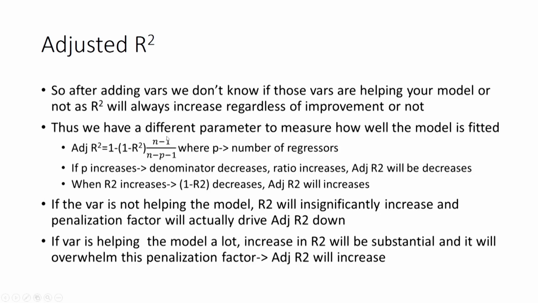This term will be more important, or adjusted r square will decrease because of this term more than it increases because of adding a new variable. So, in this way adjusted r square helps us evaluate regression models better than the r square metric.